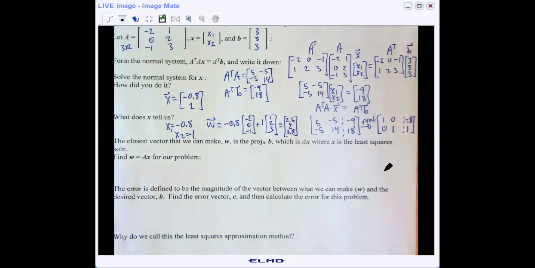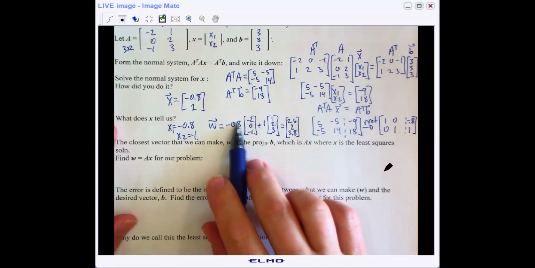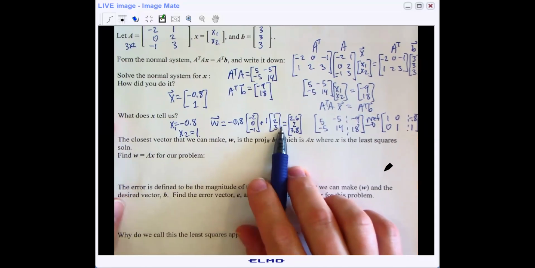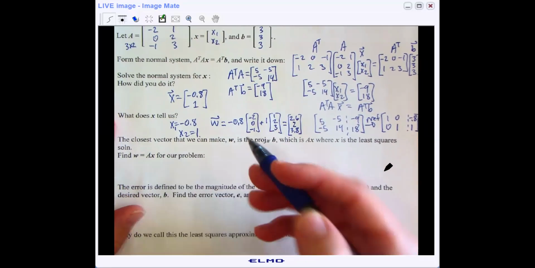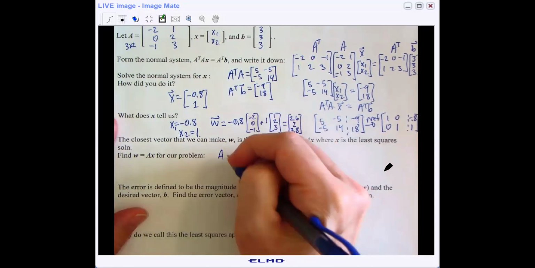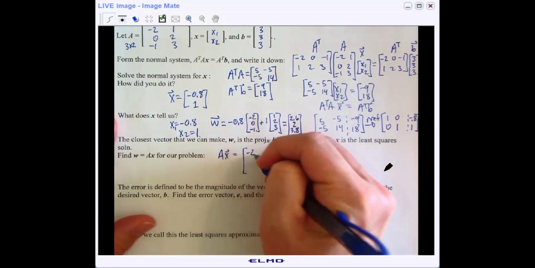All right. So noting that this guy are the coefficients for the linear combination to make the W vector that's the closest in the plane that we want to make, we can note that if I do A matrix times my X vector, let's see what happens.